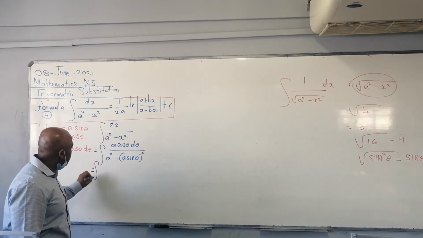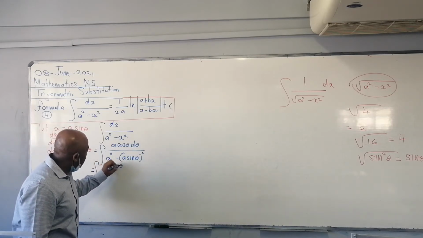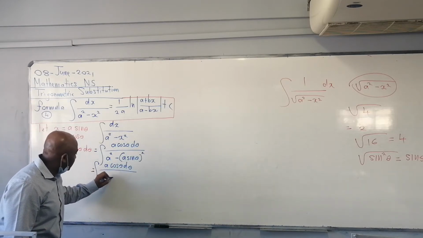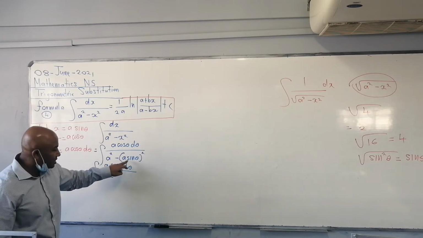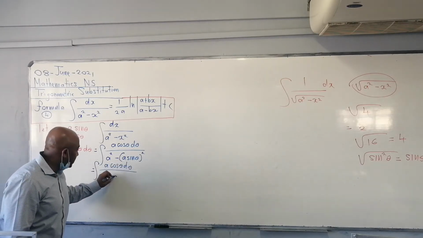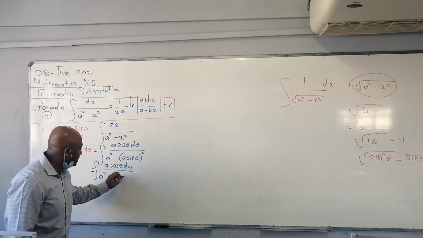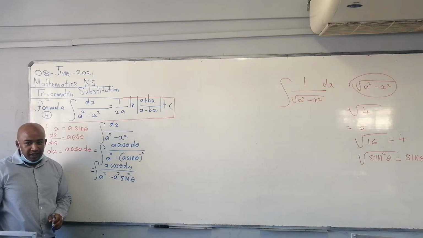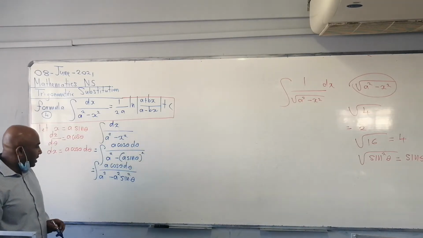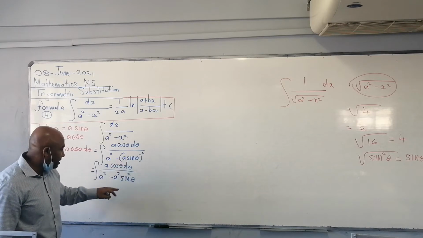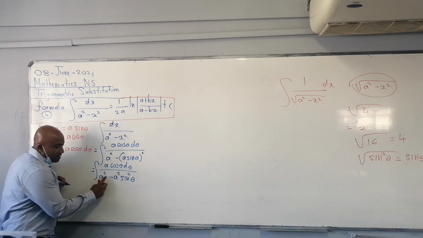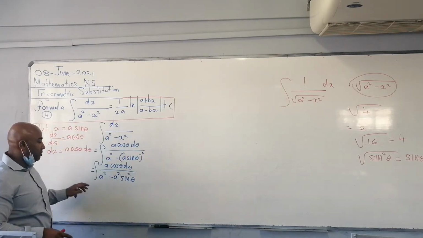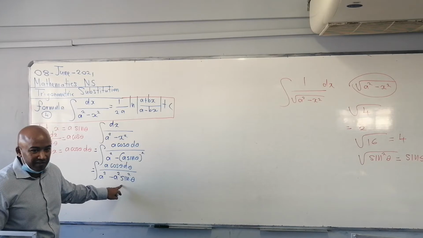So now I have a cos theta d theta, and then a squared minus, if I square this, these are two factors here, so it's going to be a squared times sine squared. Remember, you square every factor. Now what do you notice? a squared and a squared is common. That's why I have to let x equal a sine theta, so I can have a squared as a common factor.